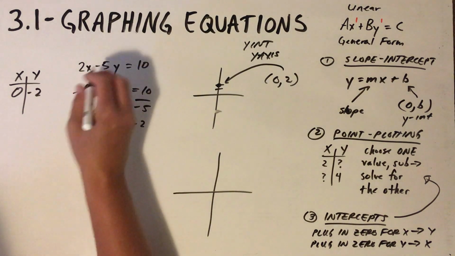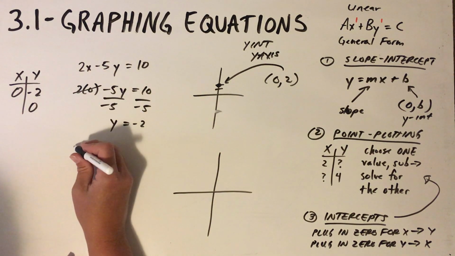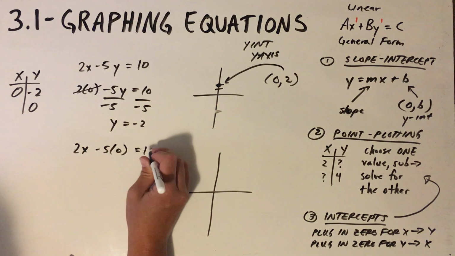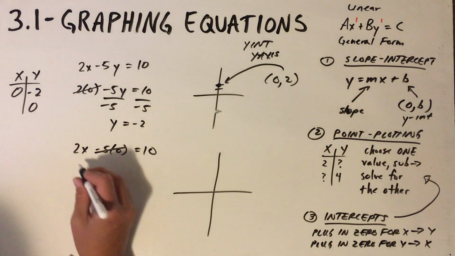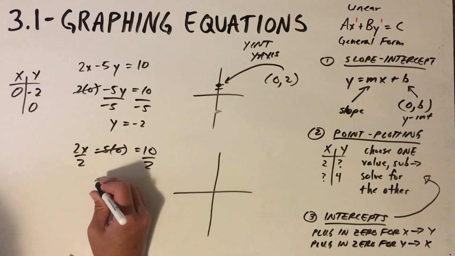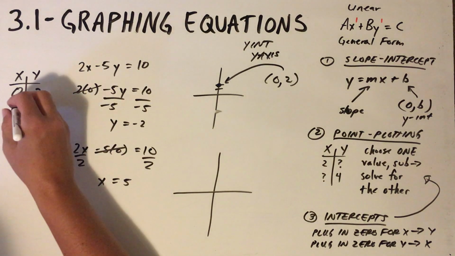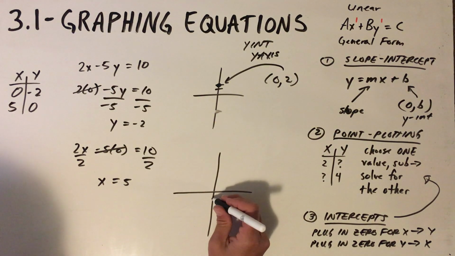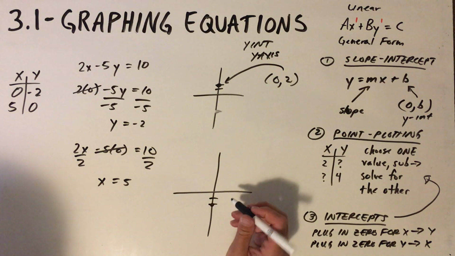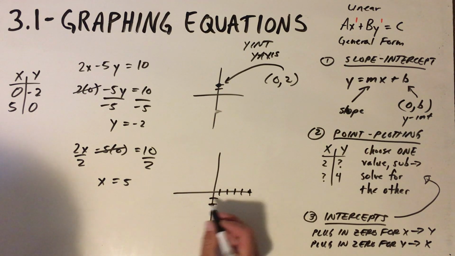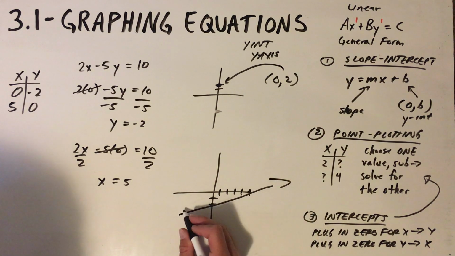All right, and when y is 0, that is 0, and we divide by 2, then x is 5. Okay, so the points 0, -2 lie on this line, and the points 5, 0 lie on this line. Okay, so this line then looks like this.